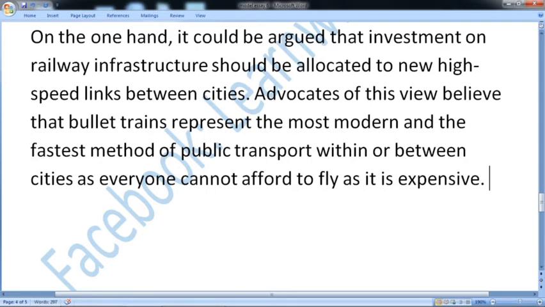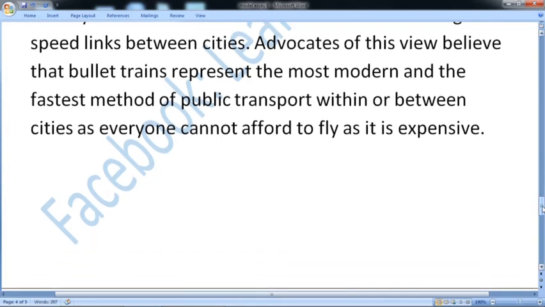When you have to move a long distance from one city to another, people fly, take an airplane, but this is expensive. Everybody cannot do this, so public fast trains would be a good alternative.